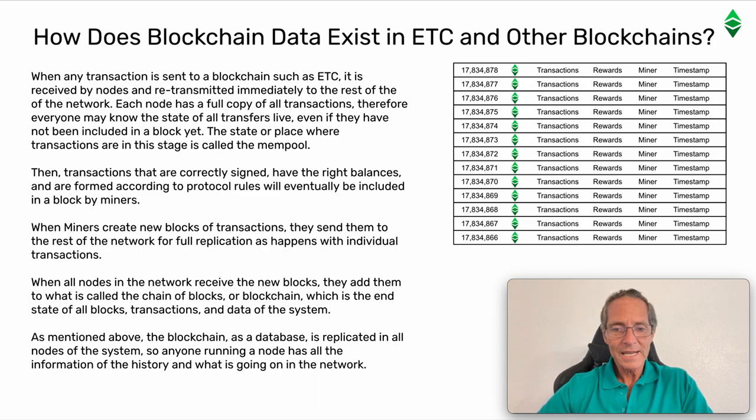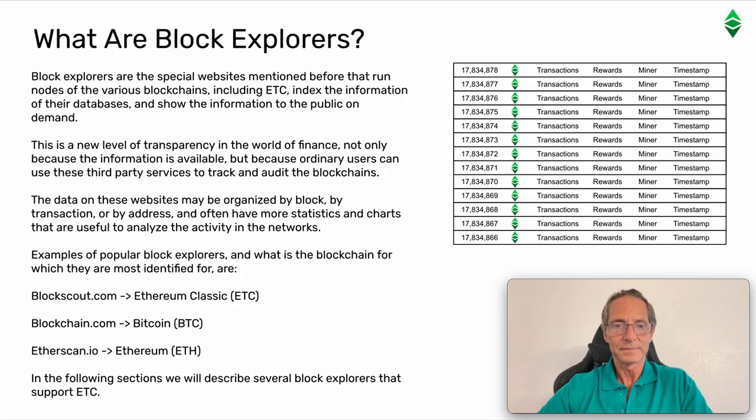When all nodes in the network receive the new blocks, they add them to what is called the chain of blocks, or blockchain, which is the end state of all blocks, transactions, and data of the system. As mentioned above, the blockchain as a database is replicated in all nodes of the system, so anyone running a node has all the information of the history and what is going on in the network.